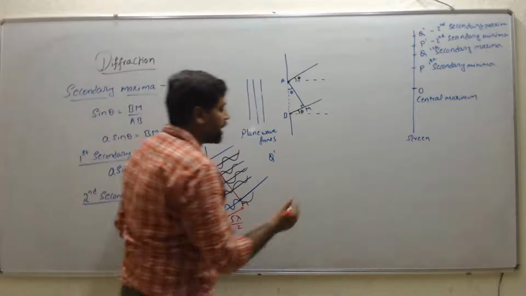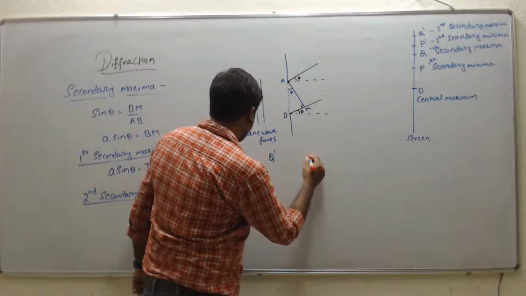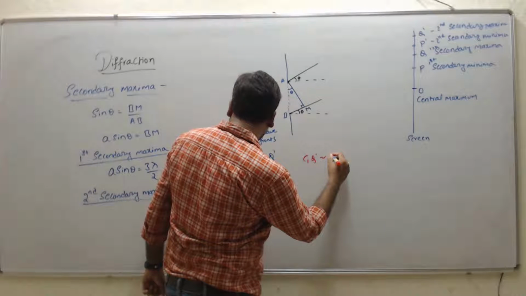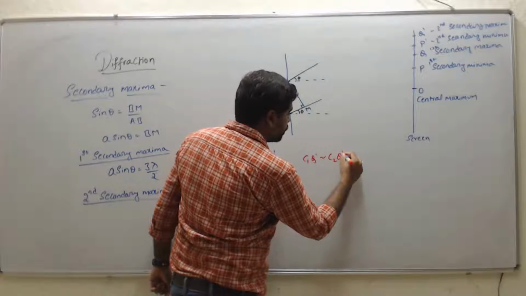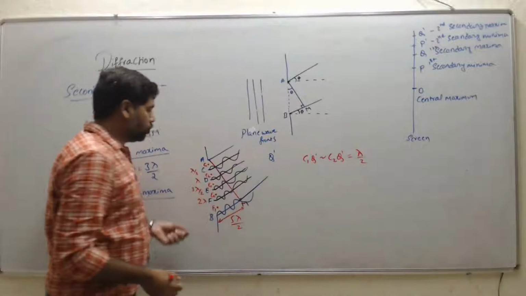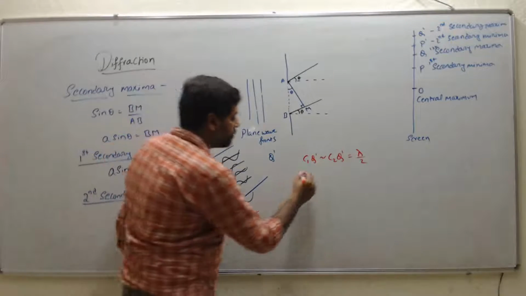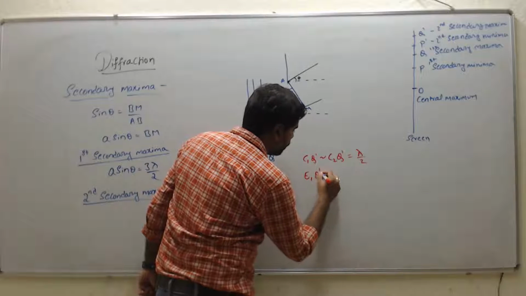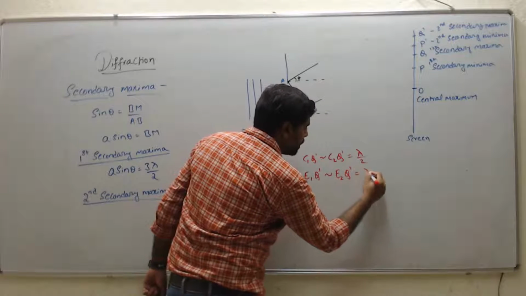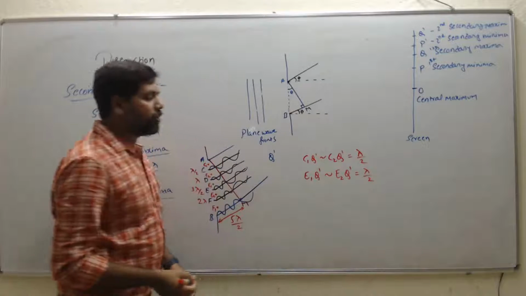Now if we write the path difference for C1 Q dash to C2 Q dash, then the path difference is lambda by 2. Similarly for E1 Q dash and E2 Q dash, the path difference is lambda by 2.